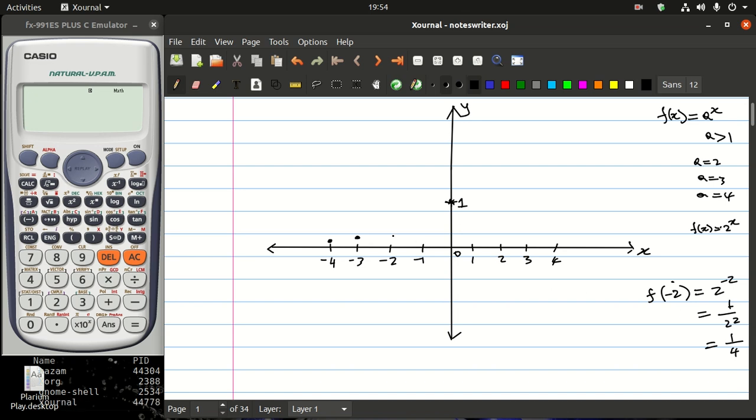So our 1 over 4 is going to be a little bit above the previous points. And if we are placing a -1, we're going to have f of -1, which is the same as 2 to the power -1, which is the same as 1 over 2, which is half. So this one will be a little bit above all these points there. And at 0, of course, we're going to be at 1.